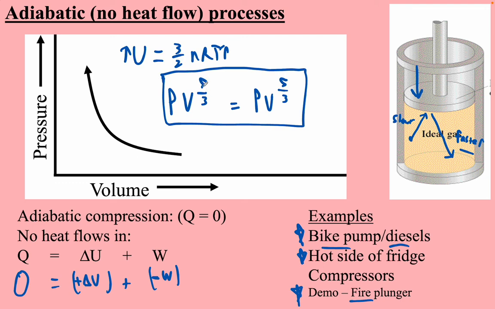What the 5/3 does is make the volume more important, because as you decrease the volume, the temperature rises, which causes an additional increase in pressure. And as the volume increases, you have a temperature drop. So that takes that into account. I think I'm going to stop talking about adiabatic processes.